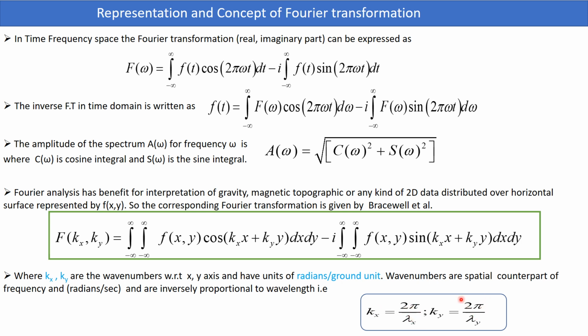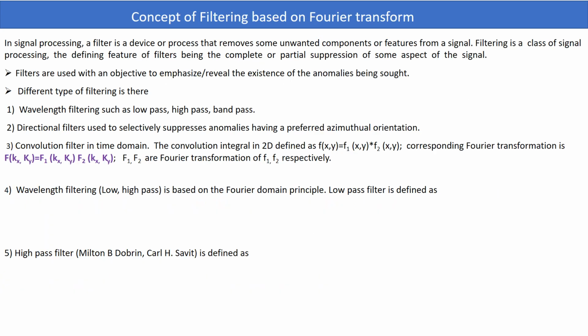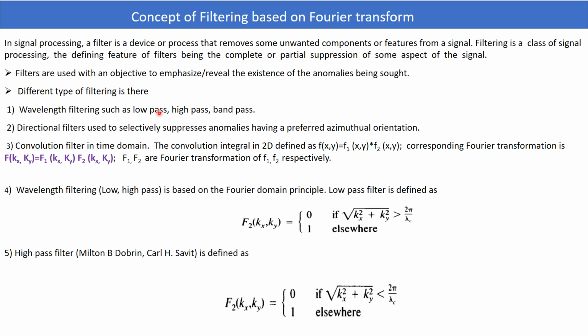Based on the Fourier transformation, we can have low pass, band pass, and directional filters, and there is also another kind of filter, convolution. We will discuss the convolution theorem in the next slide.